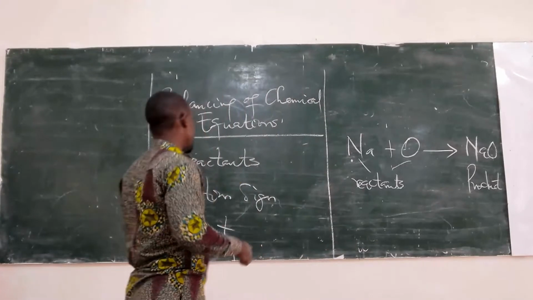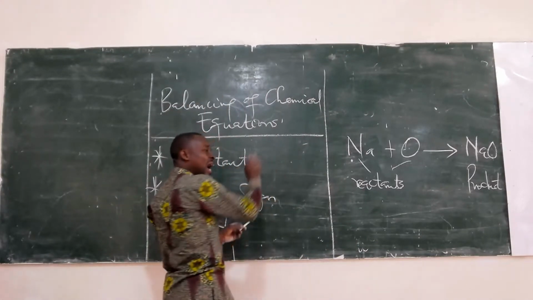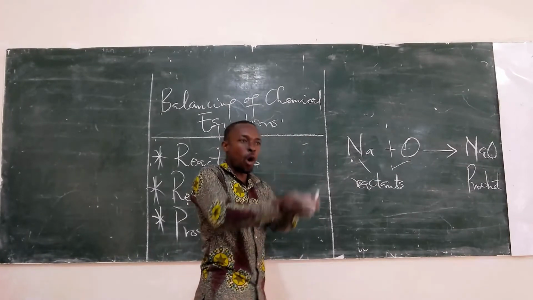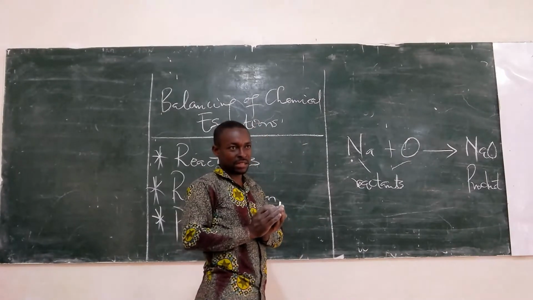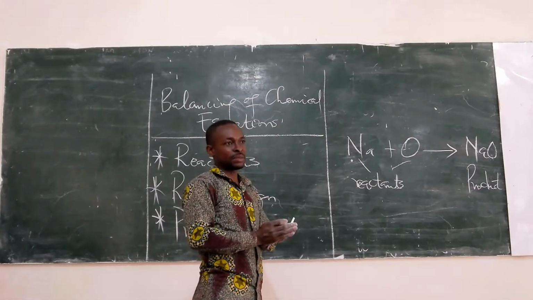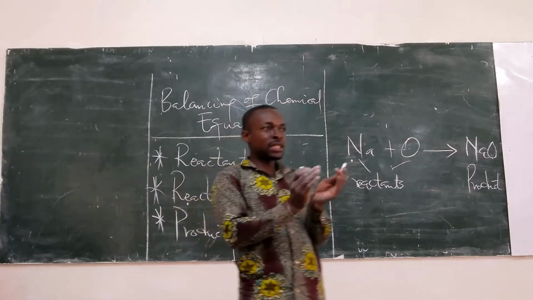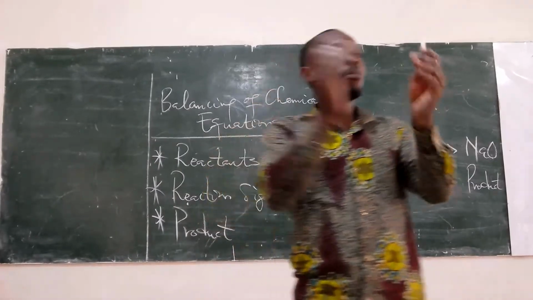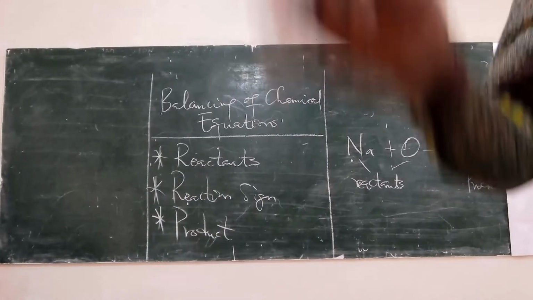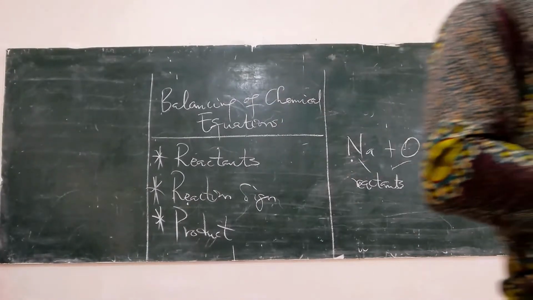So when we talk of reactants, reactants are the elements which are going to form the product. Those are called what? The reactants. When you place 2 or more reactants together, they form a product. Do you get it? Yes.